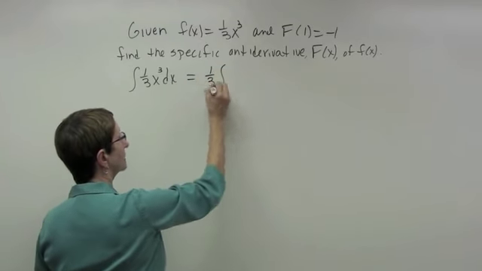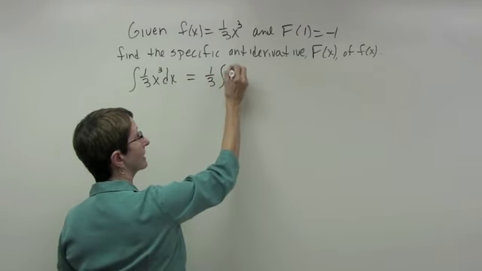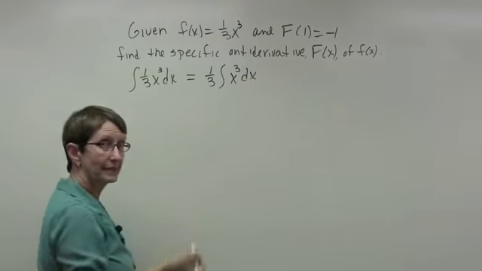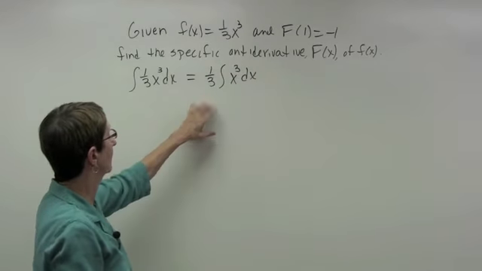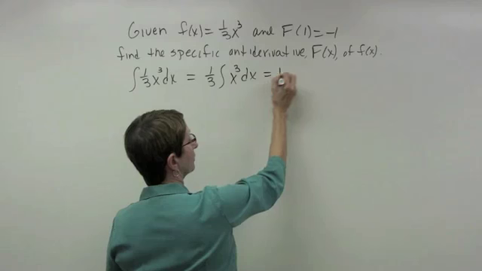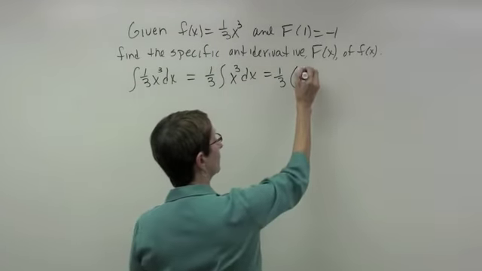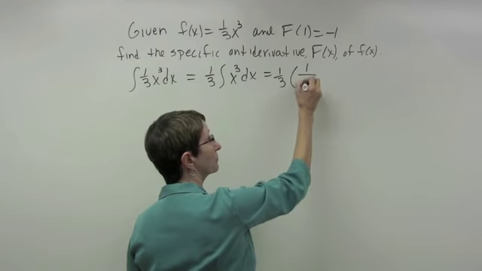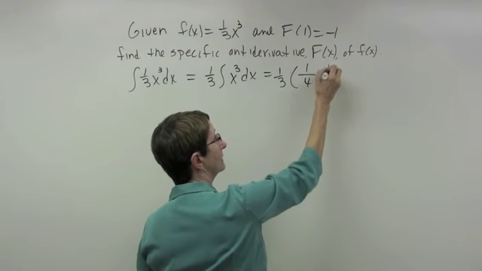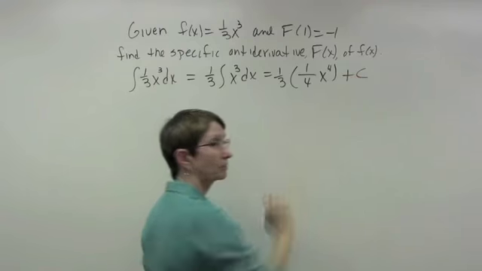I'll write it in front. I'm left with the antiderivative of x to the 3rd dx. Keep the 1/3 as my multiplier. Antiderivative of x to the 3rd power would be 1 over 3 plus 1 is 4 times x to the 4th plus c.